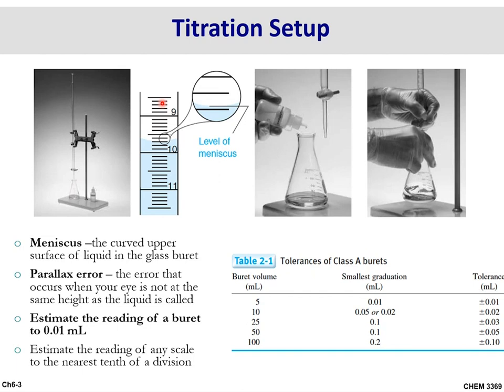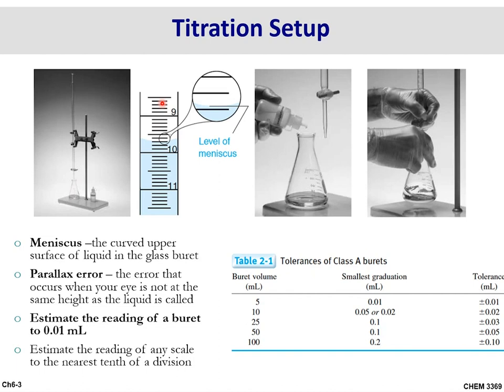A drop of liquid from a 50 milliliter burette is approximately 5/100ths of a milliliter. Okay, so all these numbers give you some idea how accurate you can be with a burette.